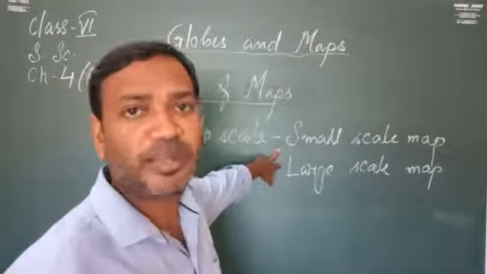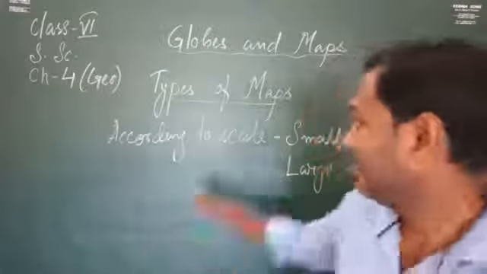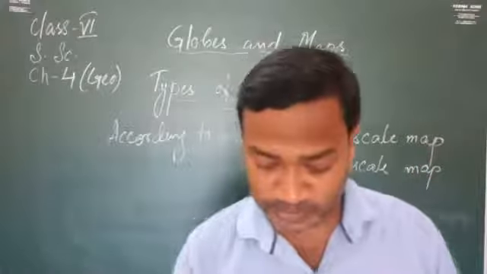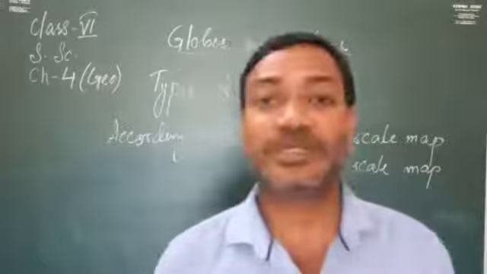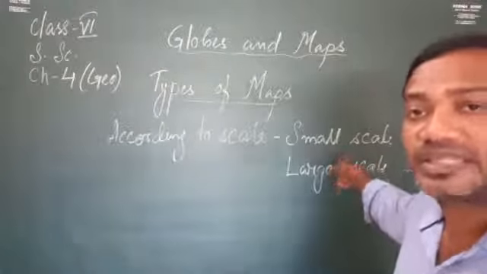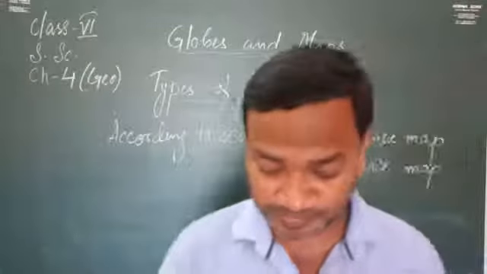These two types of maps we find according to scale. In a small scale map, a very large area is shown with less details.